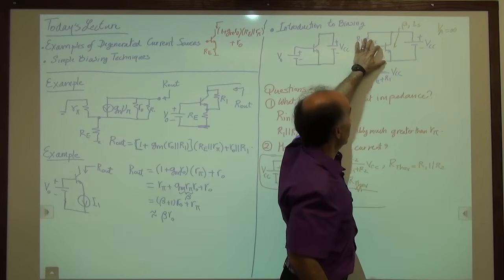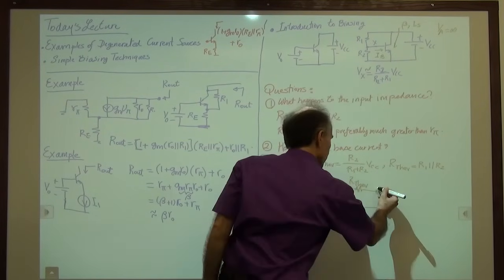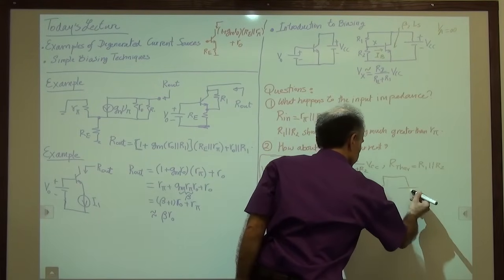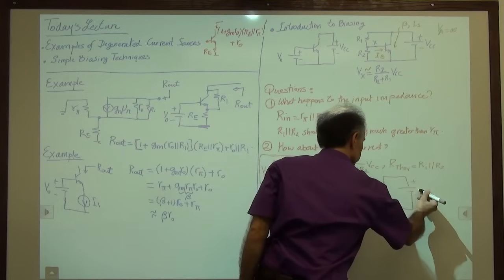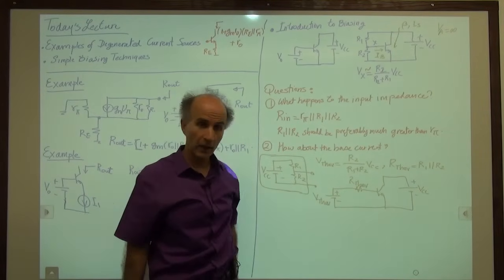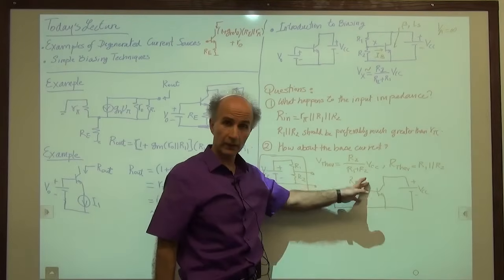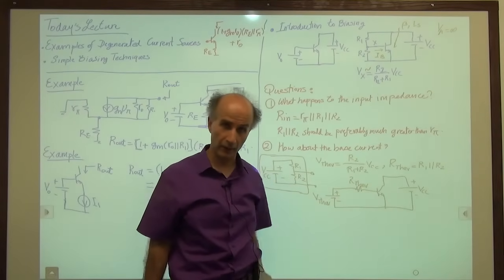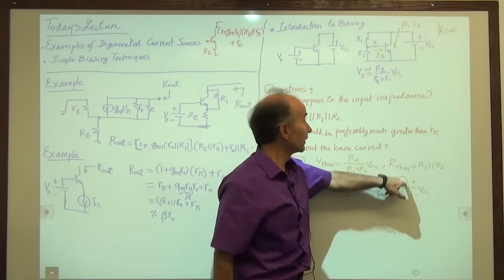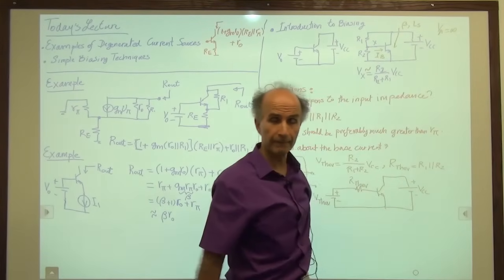And now this goes to the base emitter of this transistor. My objective is to find everything, find the collector current, the base emitter voltage, etc. Given that I know this value, I know this value, I know this value, and I know beta and IS.